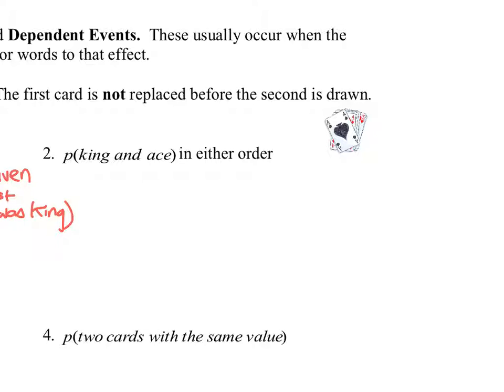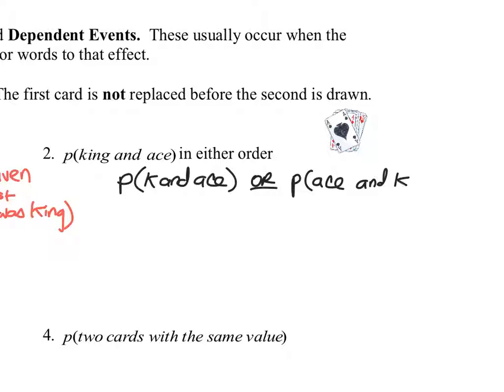It's saying the probability of getting a king then an ace, so king and ace, or ace, then king. King and an ace in that particular order we already figured out was 16 over 2652. So we're not going to reinvent that wheel.